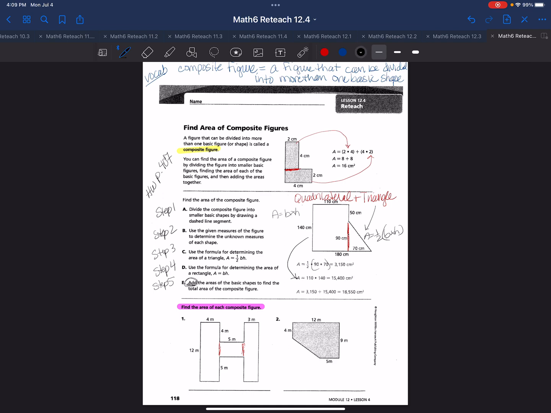So I know first I'm going to find the area of the first rectangle. So I know that's base times height. So now I'm going to multiply 12 times 4, which is 48. So that's for this one here, is my first.